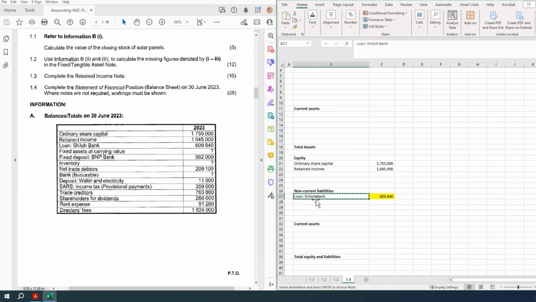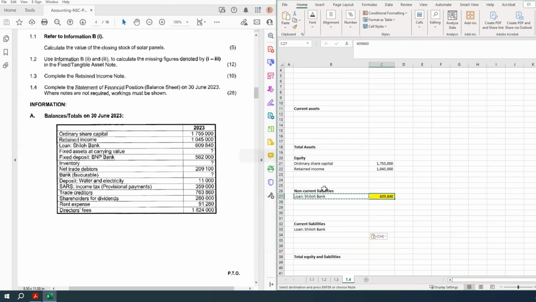And I'll also just copy this into my, oops, sorry, this should be current liabilities. All right, there we go. I'll just copy this into my current liabilities as well. And if I don't need to use this one, I can always just delete it. If you do have it in your exam paper, you can just put 0 if there hasn't been a split between current and non-current.